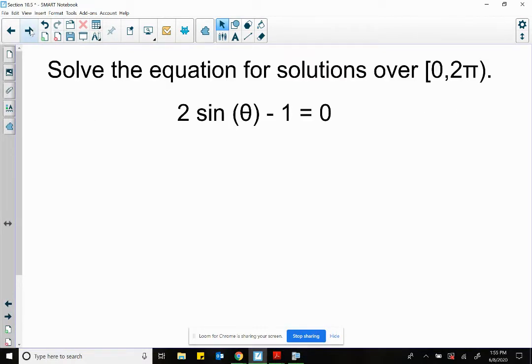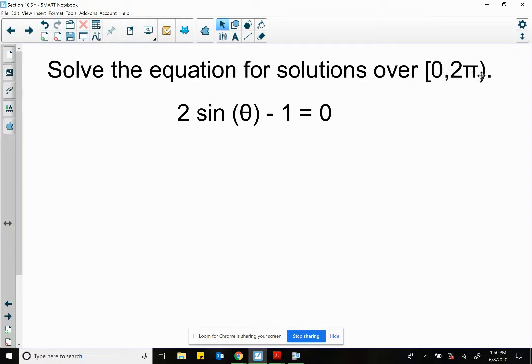So take, for instance, this one. Now make sure that you're also paying attention to the directions. Before, when we performed the inverse trig, you generally only had one answer. Now it's possible that when we perform this, you're going to have more than one answer, because we are actually going over the period of 0 to 2 pi.